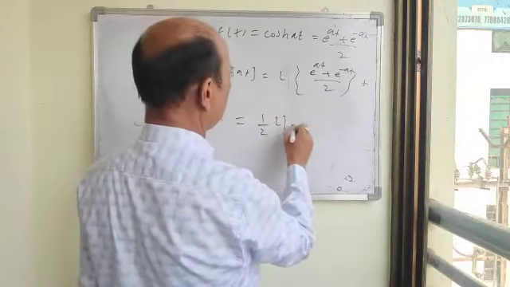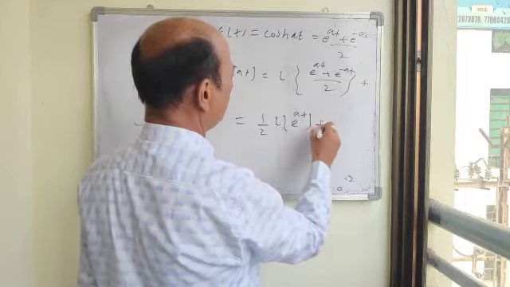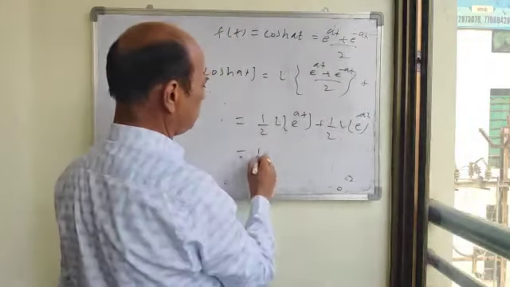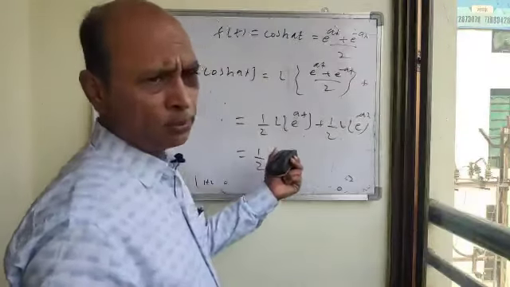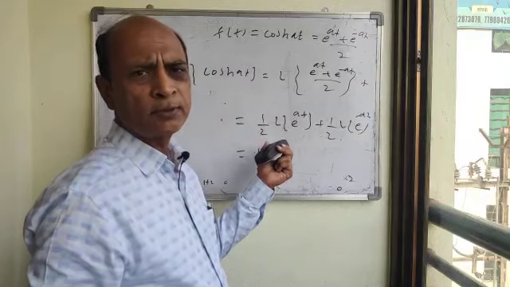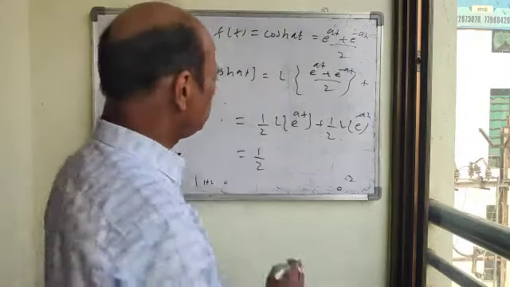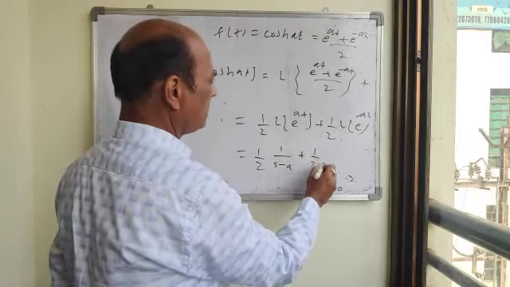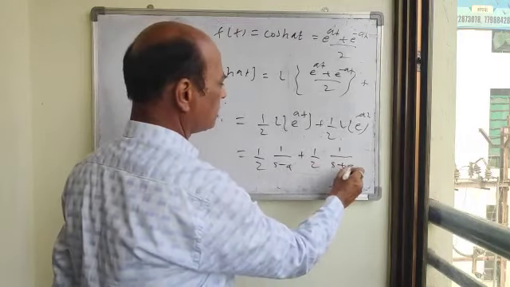So half into L of e to the power at plus half into L of e to the power minus at. Now L of e to the power at, we have just seen the Laplace transform of the exponential function, that is 1 upon s minus a, plus half into 1 upon s minus minus a, that is s plus a.